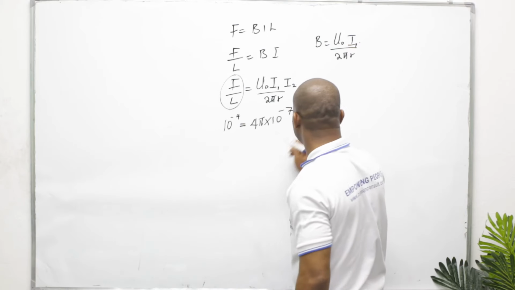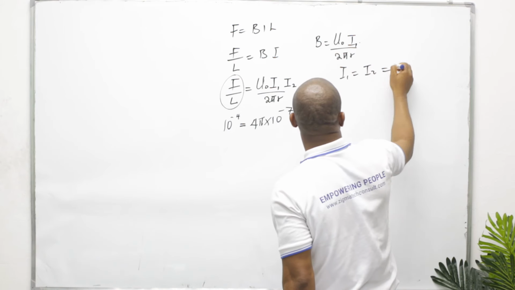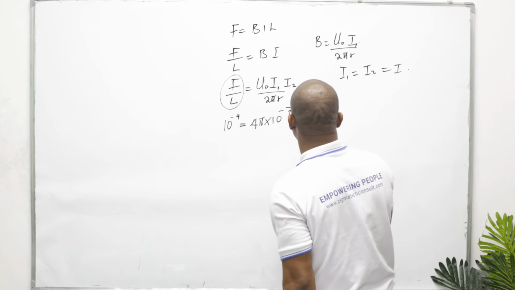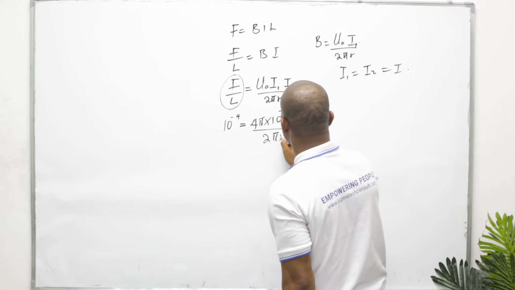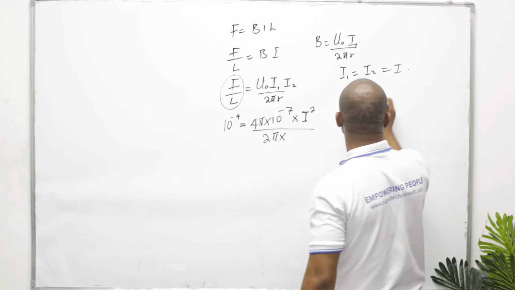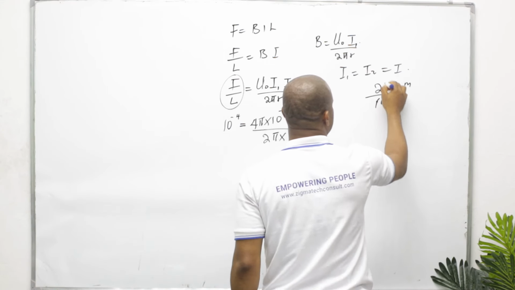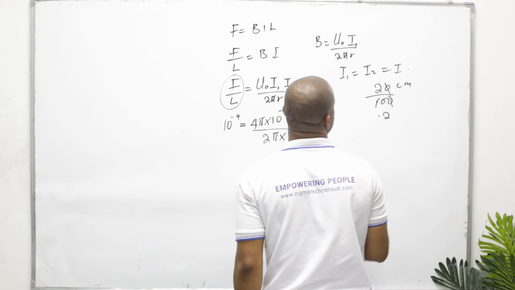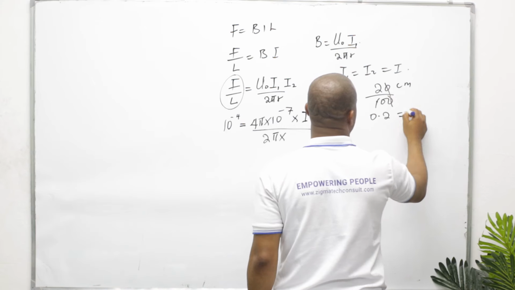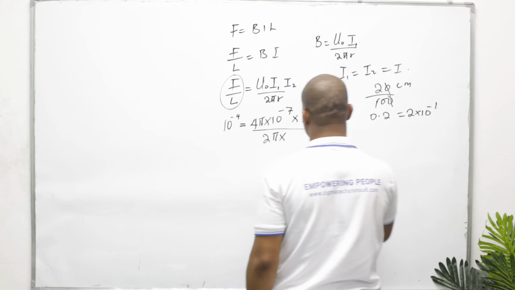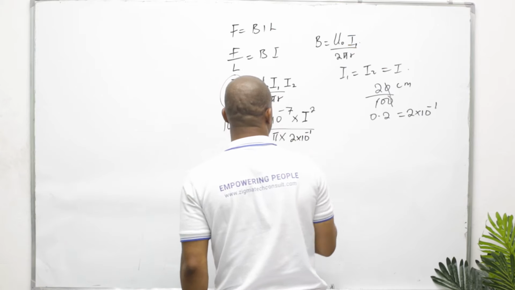The same current means I1 must be equal to I2, and that is equal to I. So that is I squared, then all over 2 pi times R. R is 20 cm. I must convert it to meter by dividing by 100, so it becomes 0.2, which is 2 times 10 raised to the power minus 1.